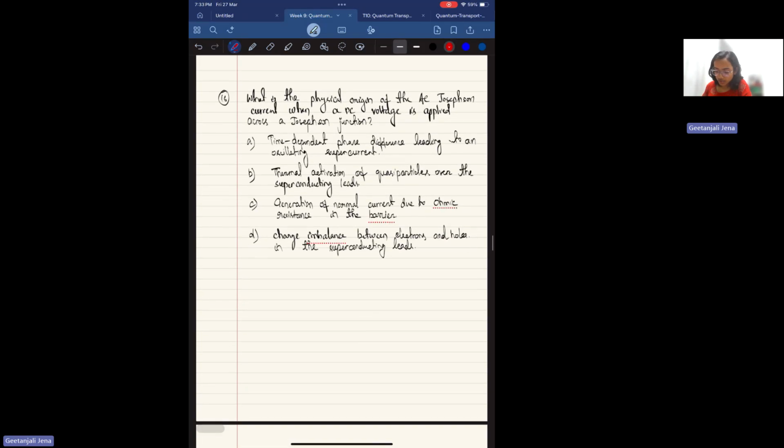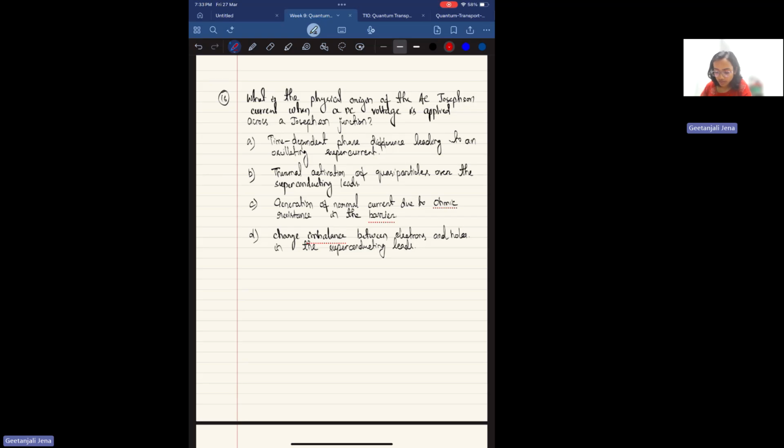Okay, let us see question number 16. It's a conceptual one. What is the physical origin of the AC Josephson current when a DC voltage is applied across a Josephson junction? Option A, time-dependent phase difference leading to an oscillating supercurrent. Option B, thermal activation of quasi-particles over the superconducting leads. Option C, generation of normal current due to ohmic resistance in the barrier.